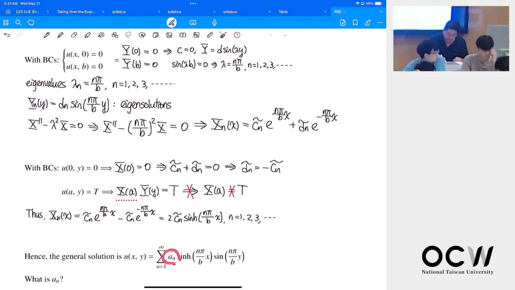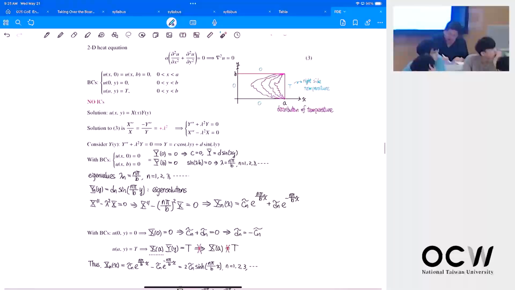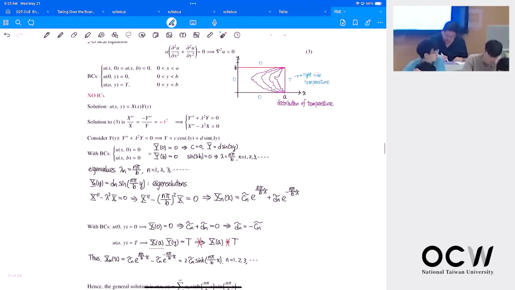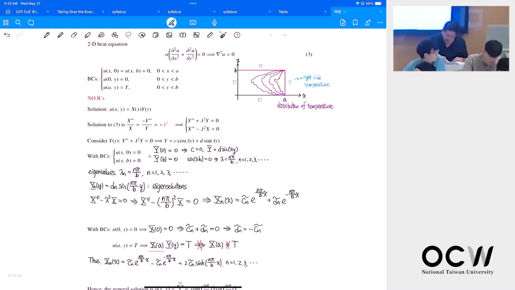Then one last step, we need to determine the coefficient an. So what is an? Remember that we have done... Did we use all the boundary conditions? Oh yeah, looks like we used all of them, but we can use this boundary condition again.